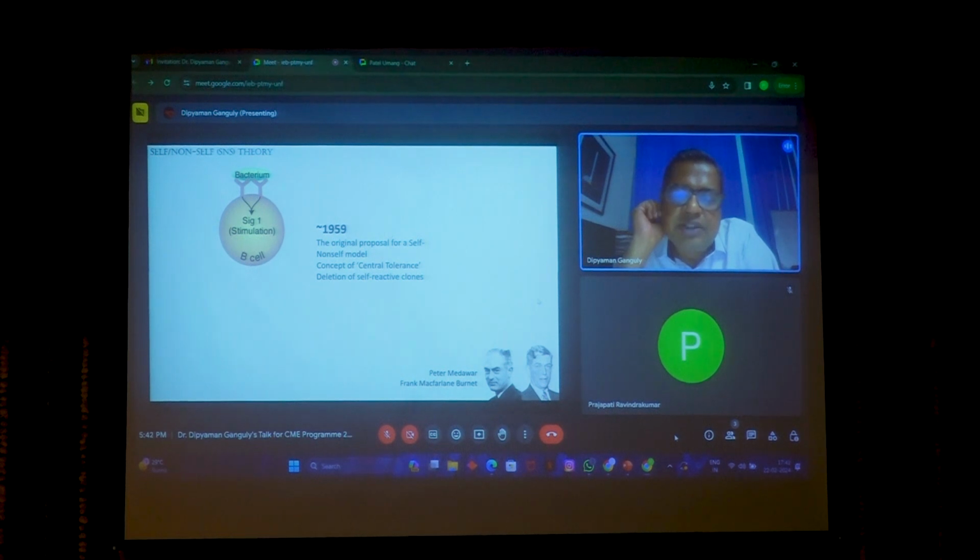And that led to this idea, which was largely articulated by Medawar, that whatever is self, or whatever is part of me, is determined early in life. That's how the immune system knows what is part of me and what is not.